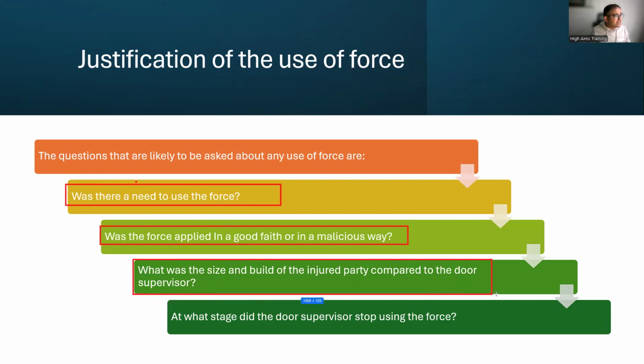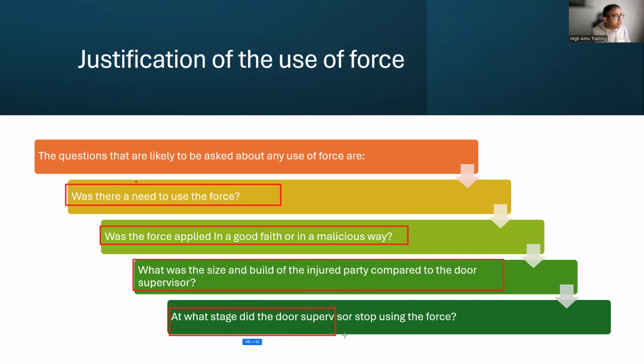What was the size and the build of the injured party compared to the door supervisor? If somebody is short, they're not built properly, they're not a big person, and you're a big person, you're 6 feet high, and you beat them up or you harm them, then you have to justify that. Why did you do that?